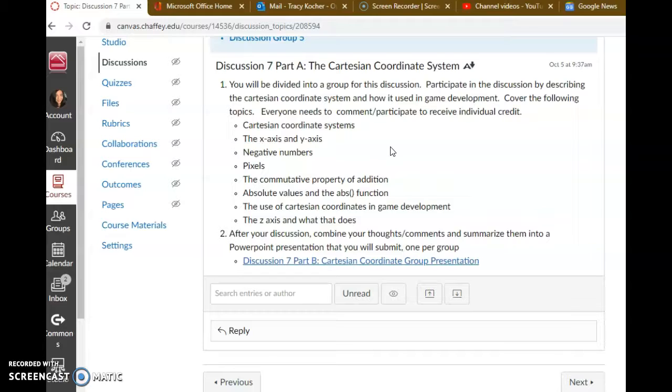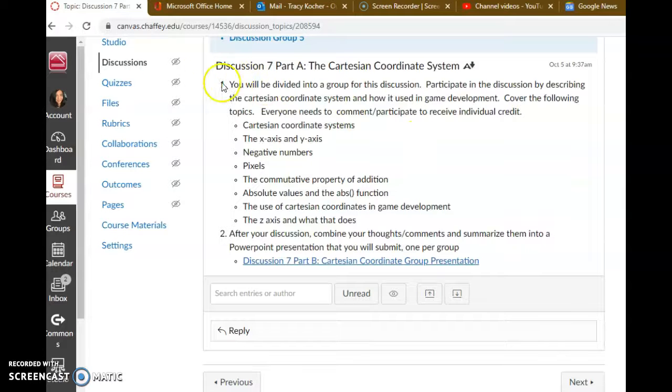Once everyone comments and participates, you can then discuss how you could put together a presentation to describe the Cartesian coordinate system. Maybe one person will be in charge, maybe another person will put it together, however you want to do it is up to you, but you're only going to make one PowerPoint presentation per group.